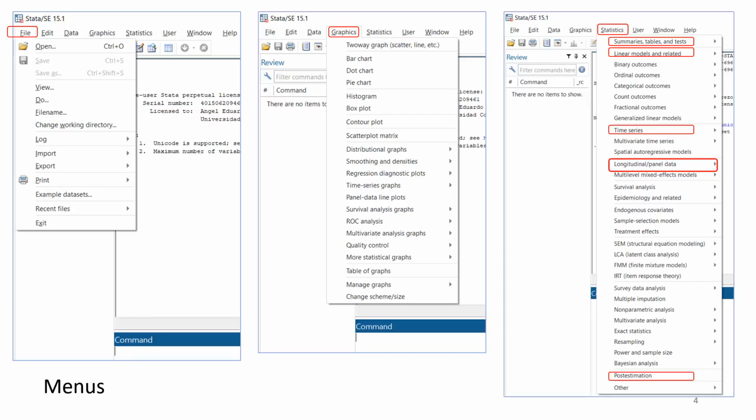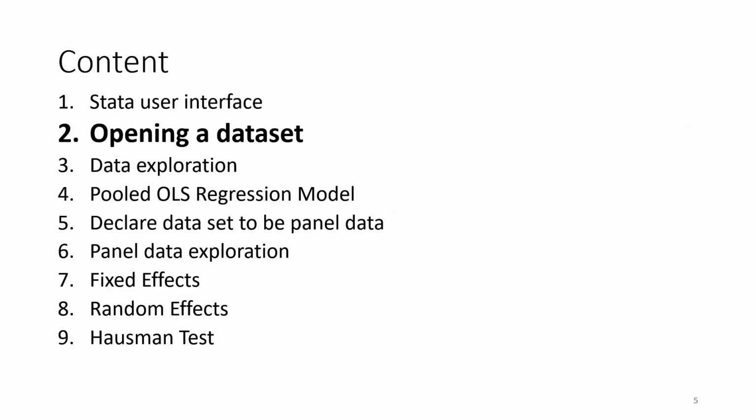So this is a menu in which you see all different possibilities. If you hit each of these, you get a lot more options that you can use. So this is a simple but a very effective way of starting to use Stata.